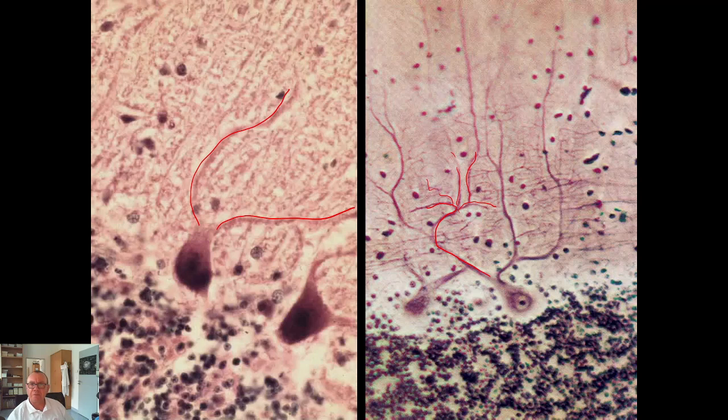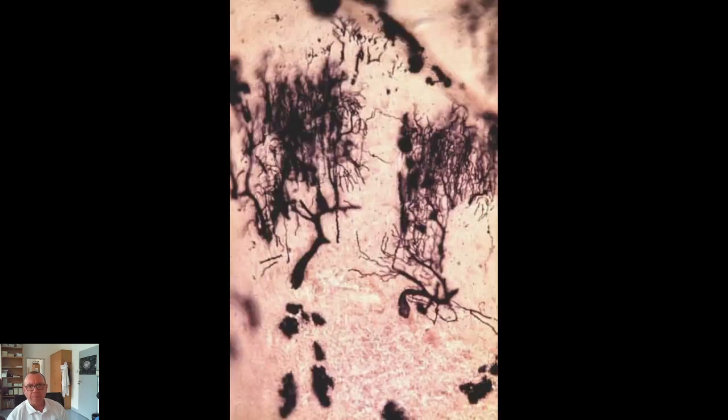And here is, of course, stratum moleculare, here is stratum granulosum. Another picture showing the big system of dendritic branches of a Purkinje cell.